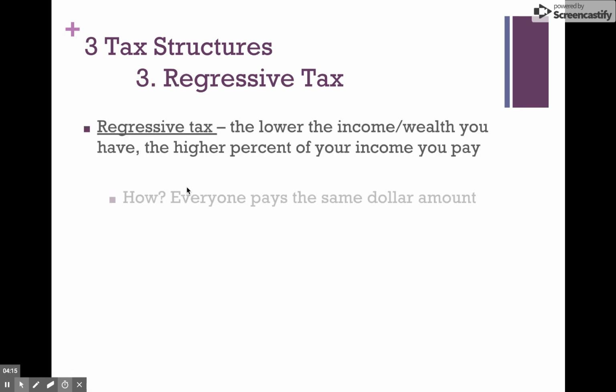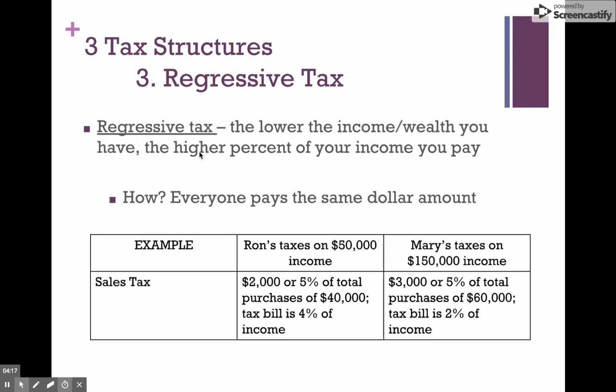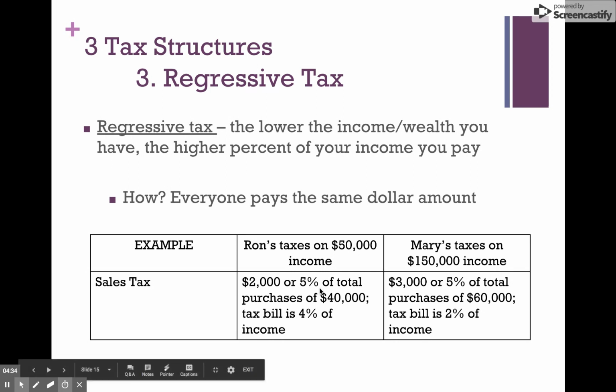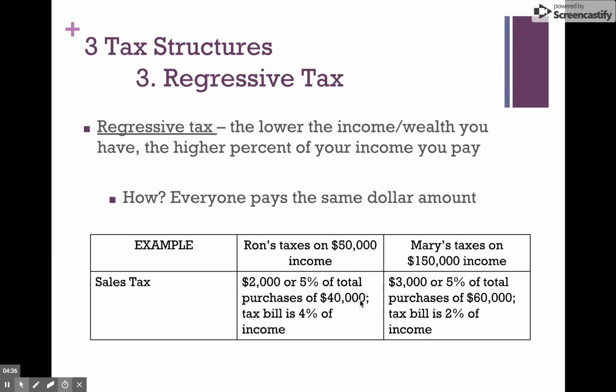Finally, a regressive tax. This one's kind of weird, but the idea of a sales tax is also regressive. What do we mean by that? Well, if these two people are paying the same sales tax, Ron is hurt more than Mary. Ron's income is less than Mary's, so they pay the same tax of 5%. It hurts Ron's income more than it does Mary's.